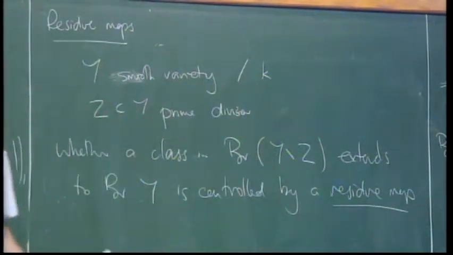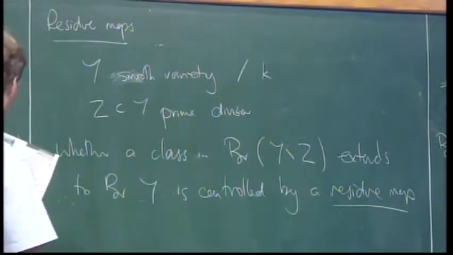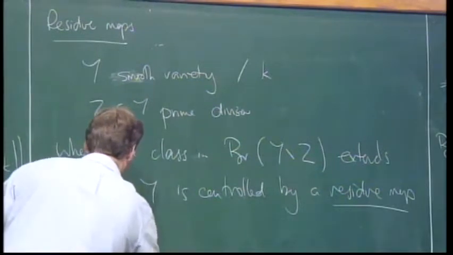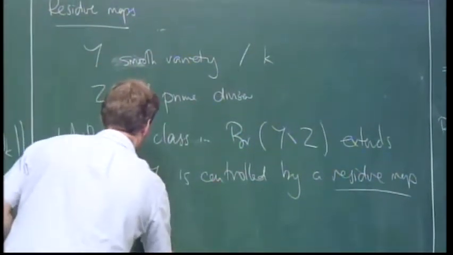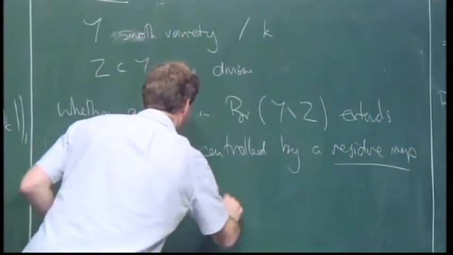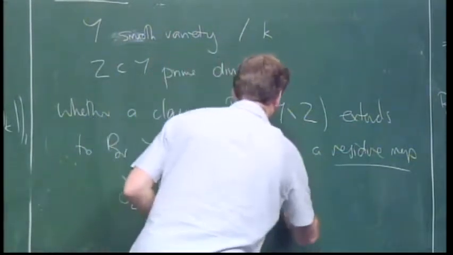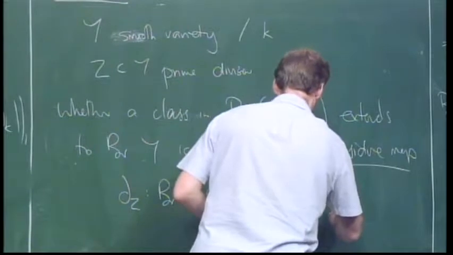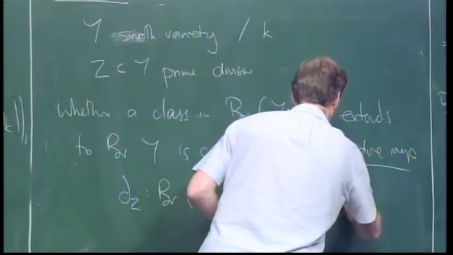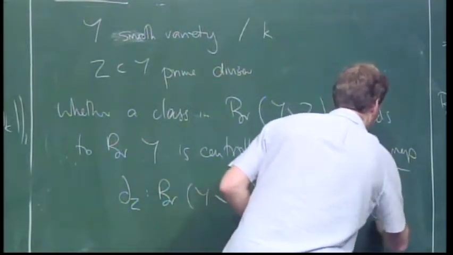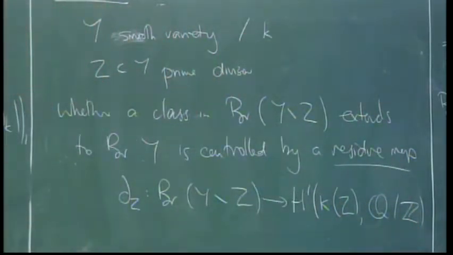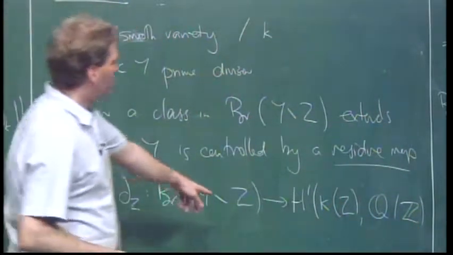This is actually the same thing as we've already seen in Alena's talk, a special case of that. And what does it do? I'm going to call it partial Z, and it goes from the Brauer group of Y take away Z, and it lands in H1 of the function field of Z with values in Q modulo Z. I'm saying something slightly weak here.